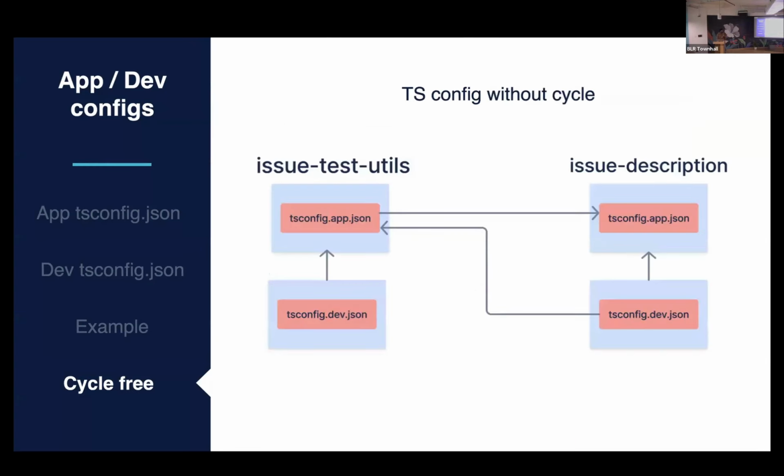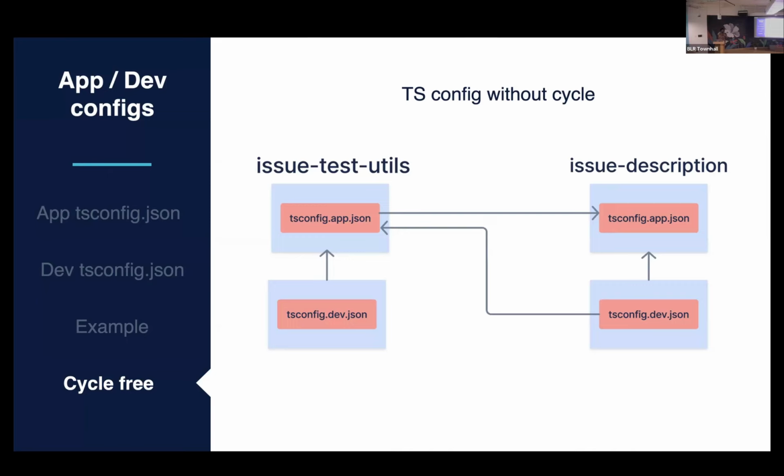So now with the split of app and dev, you have 4 projects, right? Test utils has two projects, app and dev, and issue description has 2 projects, app and dev. Let me explain this a bit. The 2 horizontal lines that you see are tsconfig dev depending on tsconfig app. That is because you want your dev files to depend on app files, because of course when you write tests, you need to import your src files, right?